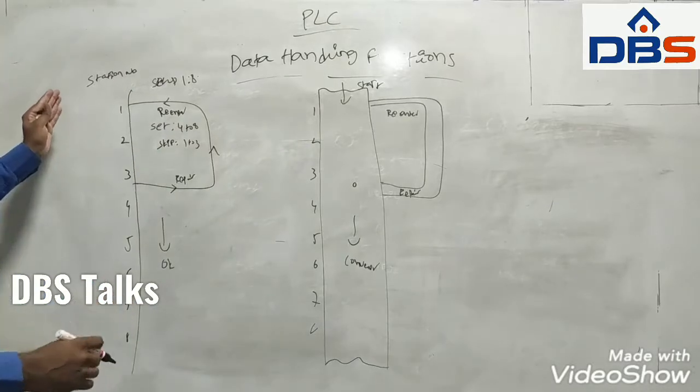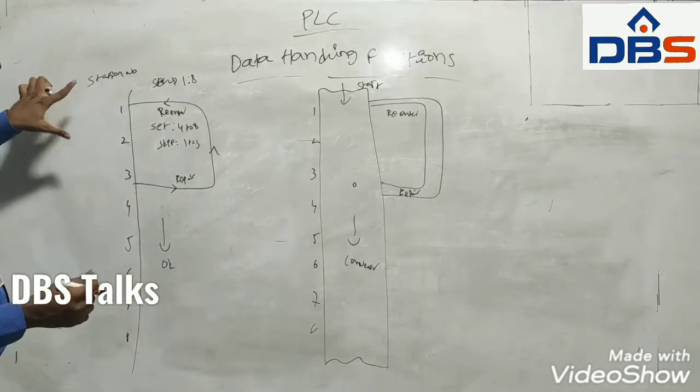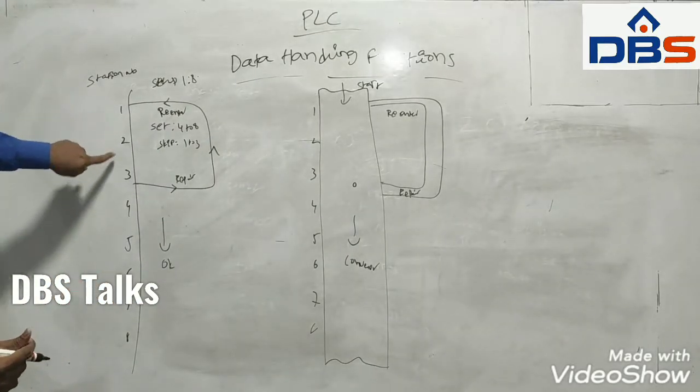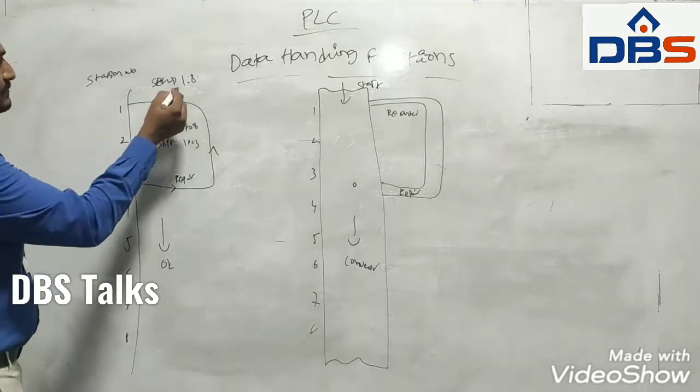Here I am taking one production system, and in this one I am taking 8 stations. I have set up stations 1 to 8.